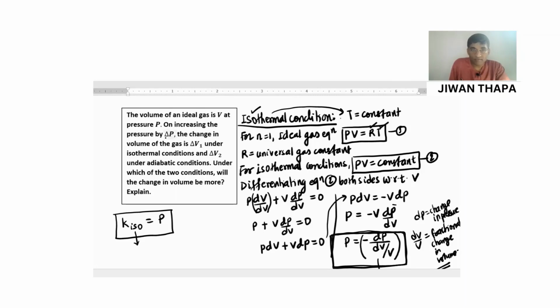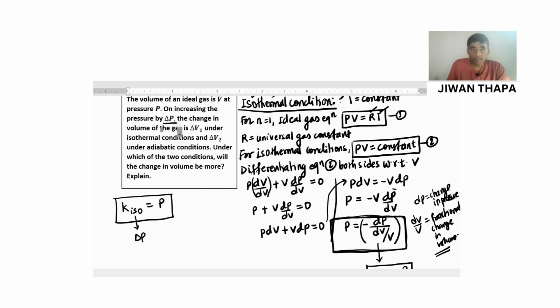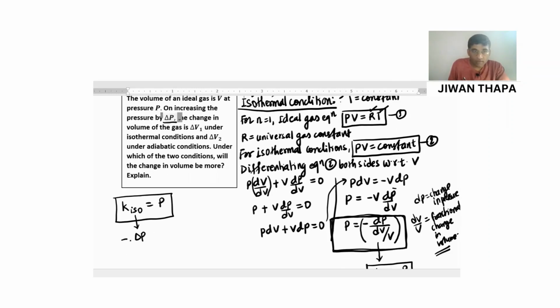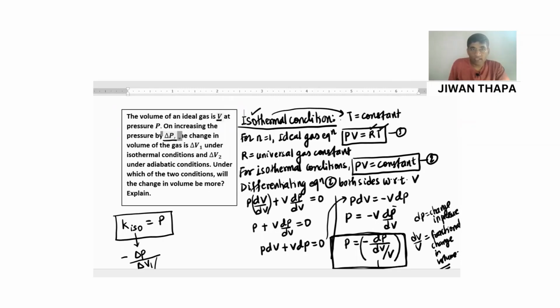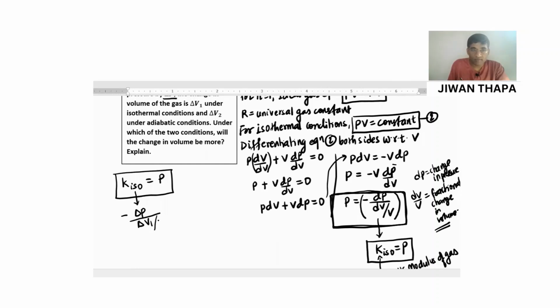The increase in pressure from the question is delta P, so we have delta P, and I'm keeping the negative sign also, divided by the change in volume of the gas, delta V1 under isothermal condition, divided by the volume V. So this equals pressure P. We have to generalize this equation in terms of the question. Let us call it equation 3.